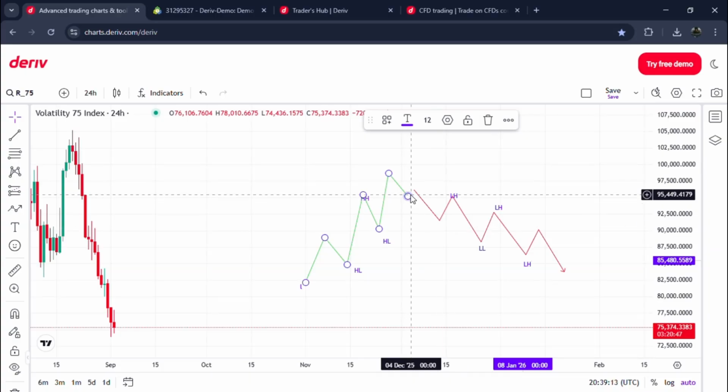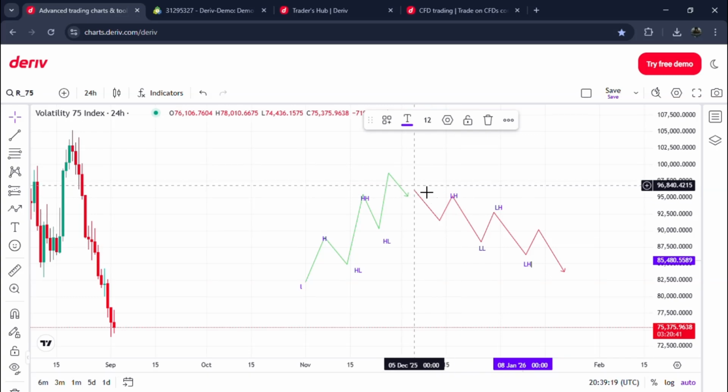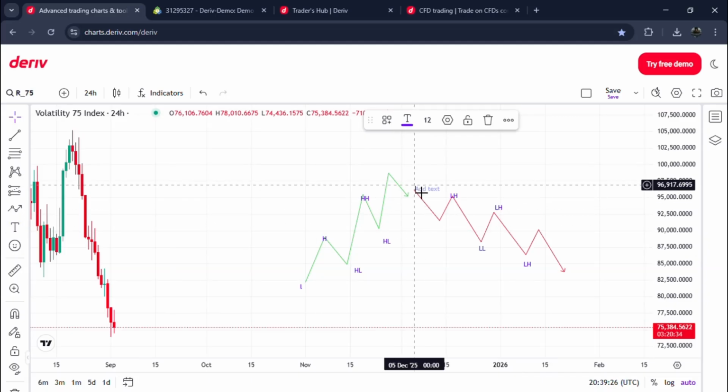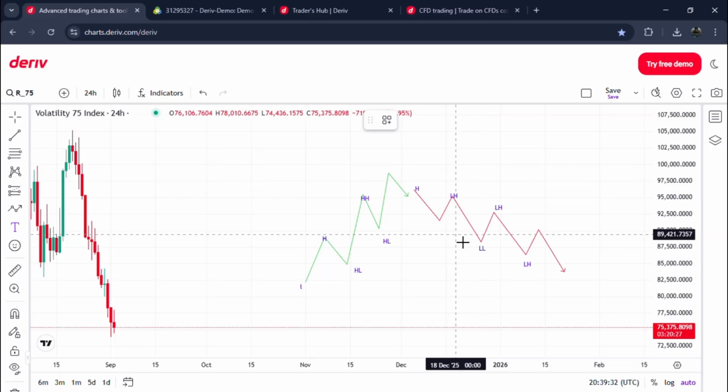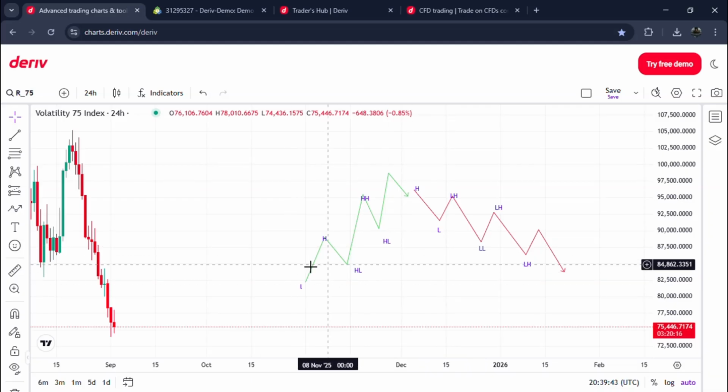So it's a lower high because it's below this high. Let me just label so that we can all be on the same page. That one is a high, and then here I'll label it as a low. I want you to understand it's just the opposite of this one. If this one was a low, this one will be a high. If this one is a high, this one is a low.